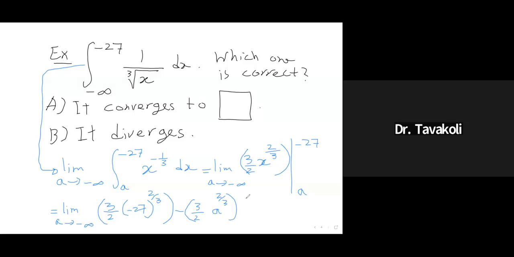Let's first discuss the parentheses which contains a. And when a tends to minus infinity, what happens? So let me discuss that here. I'll come back and complete the solution.